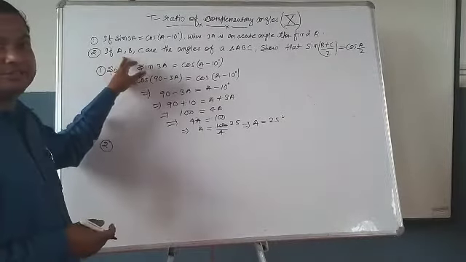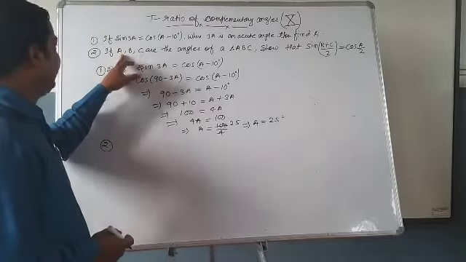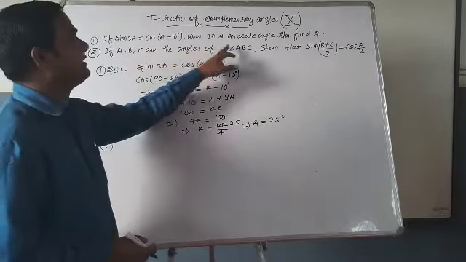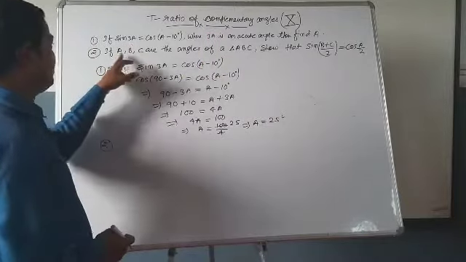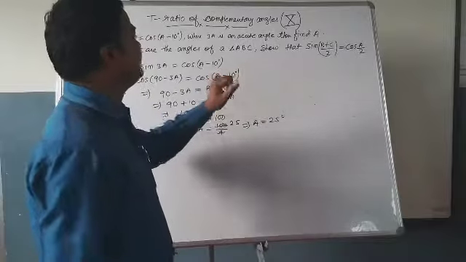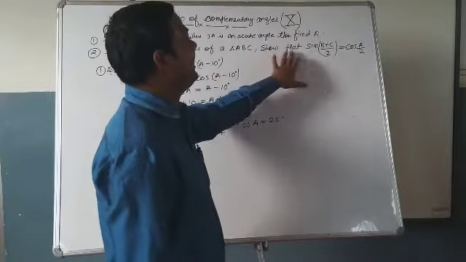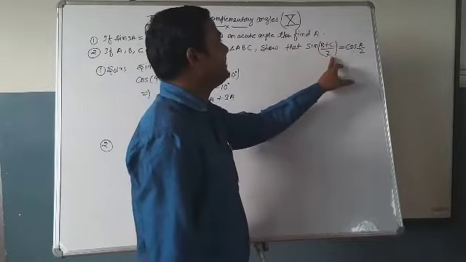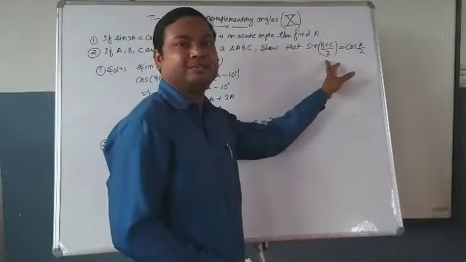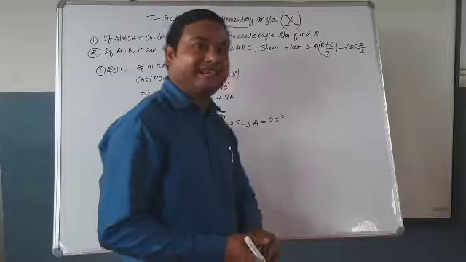Now in the second question: if A, B, C are the angles of a triangle ABC, then show that sin (B plus C) by 2 equals cos A by 2.